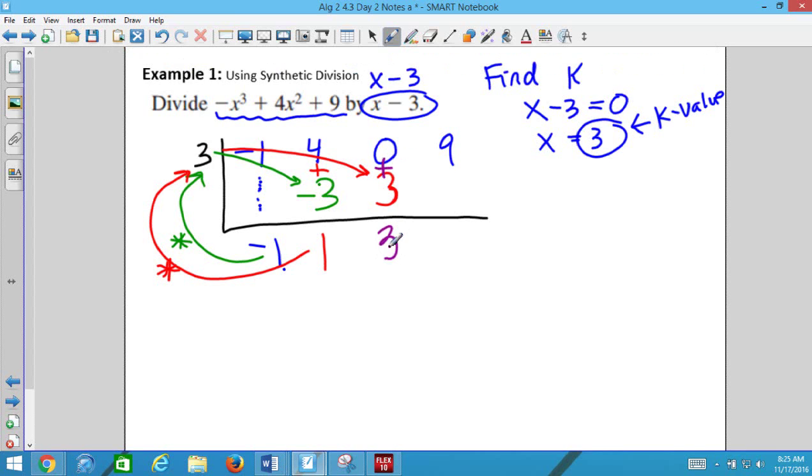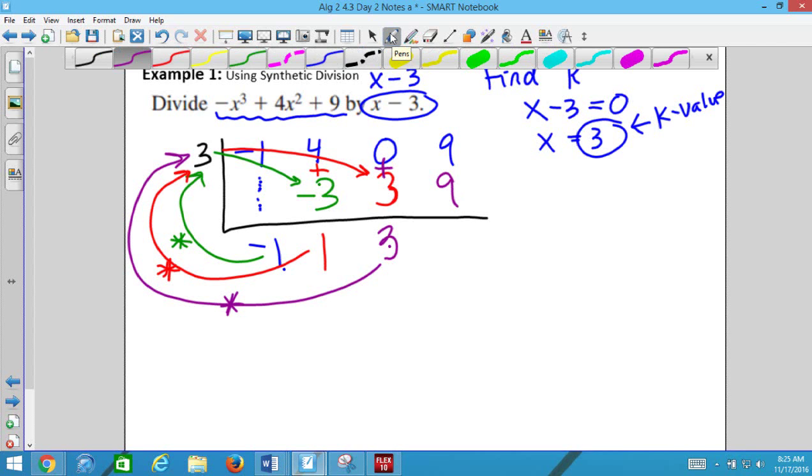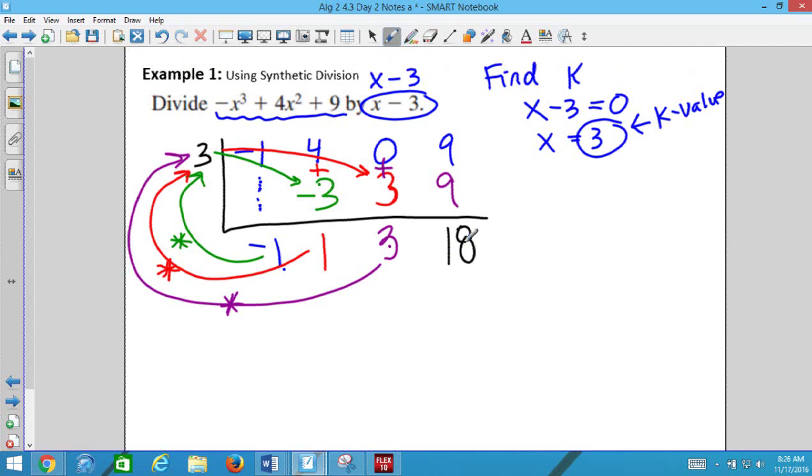We're going to take that 3 and multiply it by the k value out there, and we get a 9. Put it underneath that next number, and then do what? Add them. Now I have no more numbers, so I'm going to stop, and this is actually our remainder.